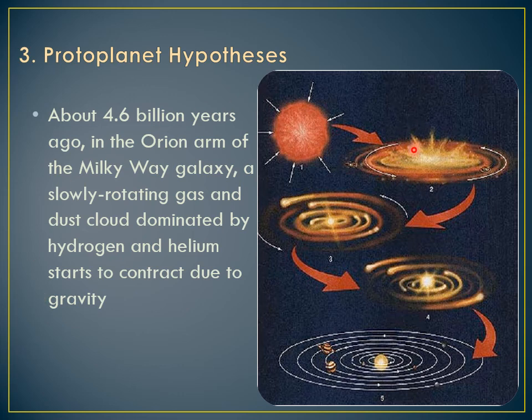Most of the mass moved to the center to become a protosun, and eventually our Sun. The remaining materials formed a disk that would eventually become the planets, and momentum was transferred outwards until it became the solar system.